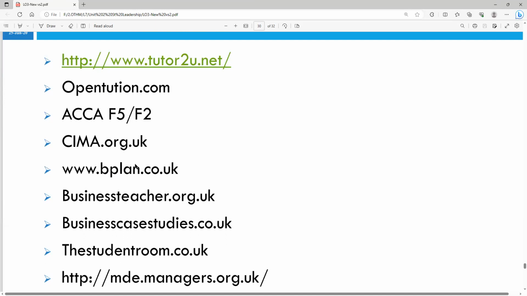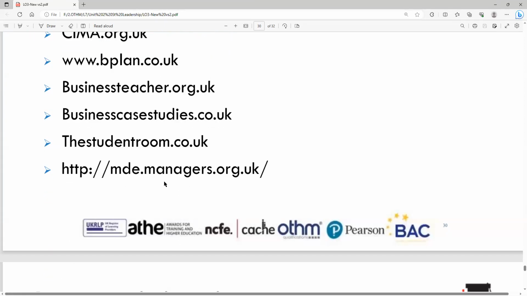You can look up efficiency and effectiveness, and you can see some models. You can look up CIMA for this topic, cima.org.uk, or businessteachers.org.uk. You can look up different topics under effectiveness and efficiency, and the models that you used.